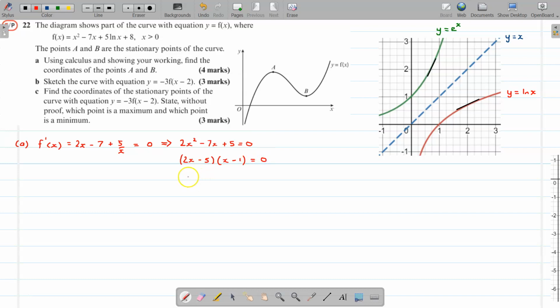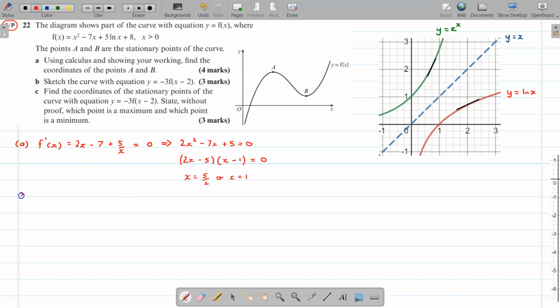And that gives us, therefore, that x equals 5 over 2 or x equals 1. They're the two values of x, which are these two coordinates A and B. Well, you can see which one is which. This is the 1 and this is the 5 over 2 here. So what are the actual y coordinates of those points? Well, let's do the 1 first, because that's quite easy.